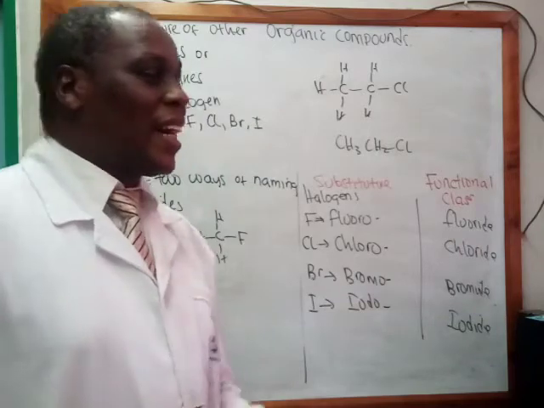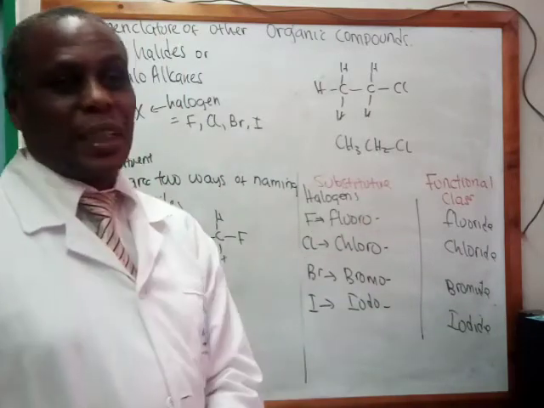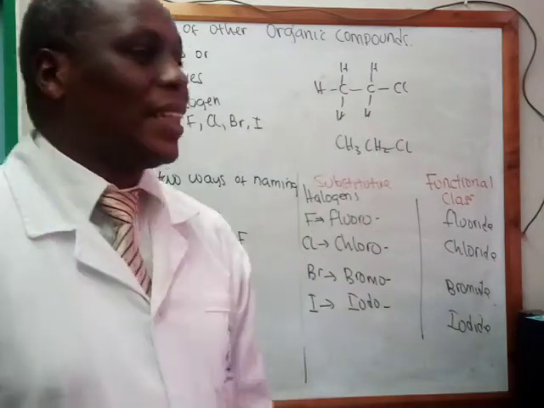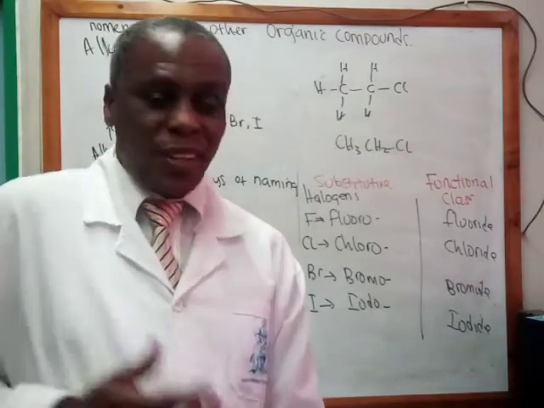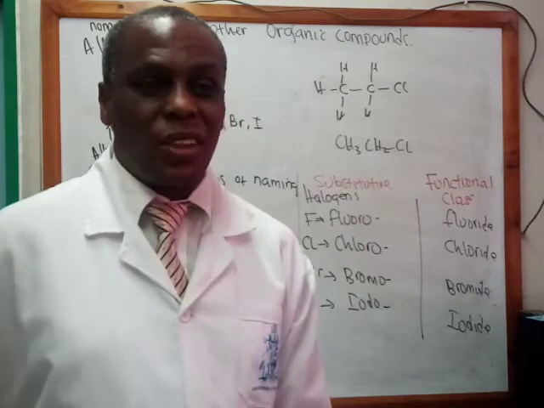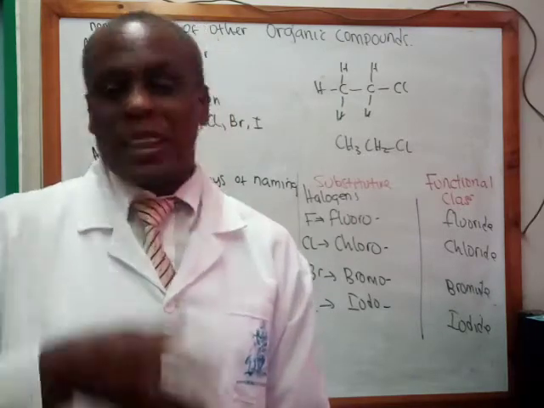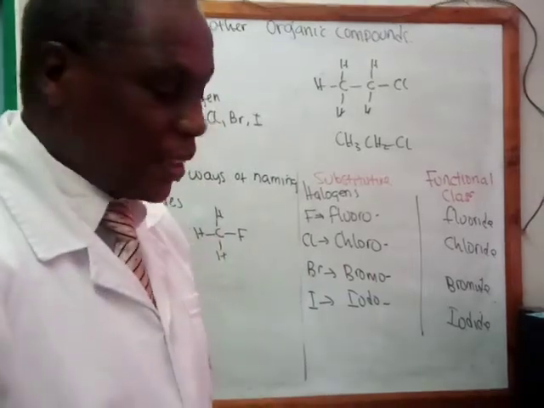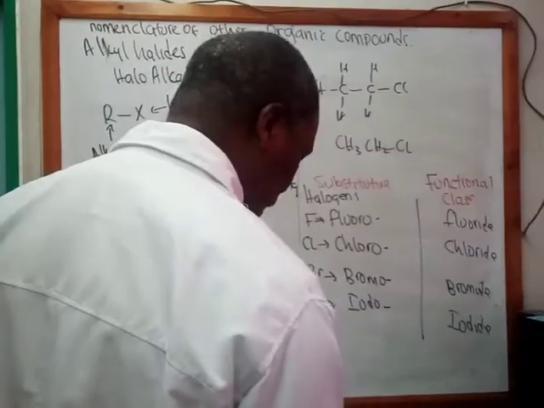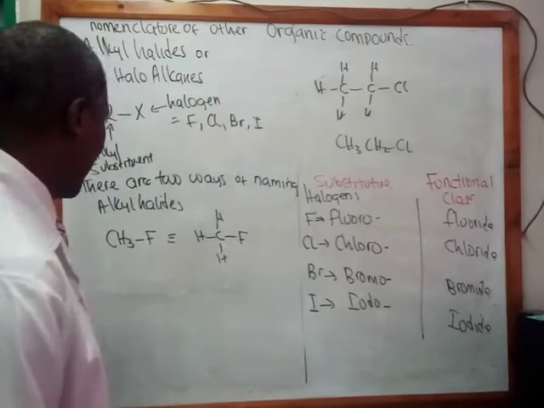Or in this other case, for the substitutive, it means that you are saying your halogen is a substituent on something, for example, on a hydrocarbon. I think it's good if I go to examples.